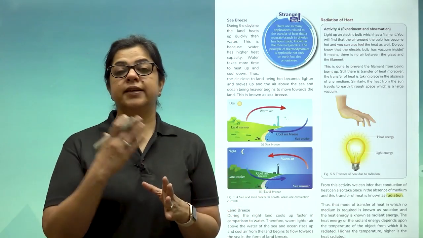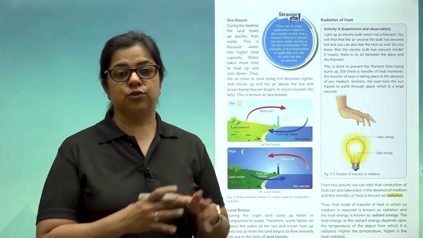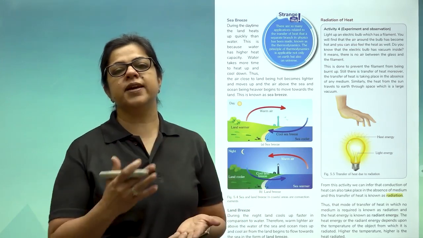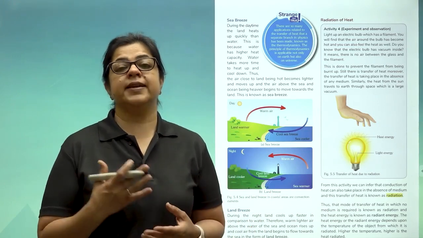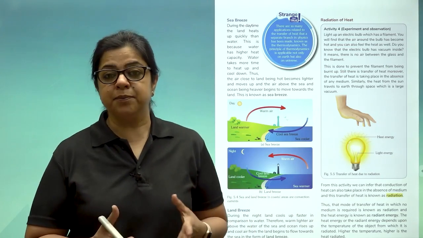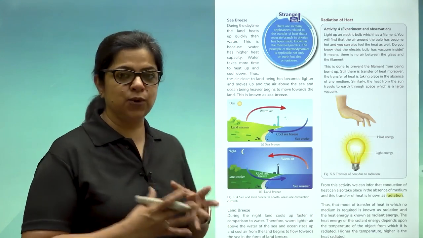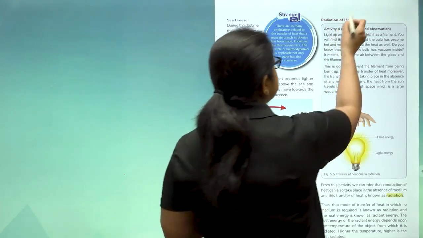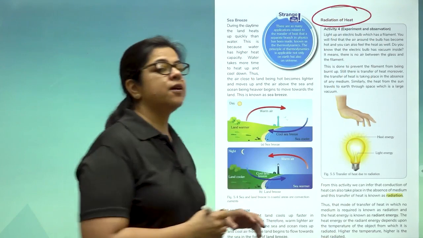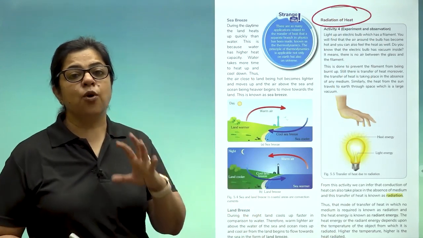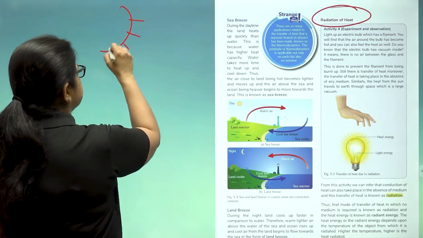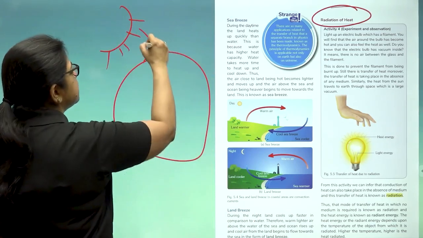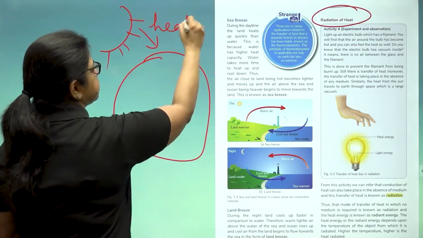Having understood conduction and convection, conduction takes place in solids, convection takes place in liquids and gases. But is there anything that can take place without a medium, that can take place in vacuum? Yes. Radiation takes place in vacuum. Children, we all know a very simple thing, that Earth survives because of the heat of the sun.